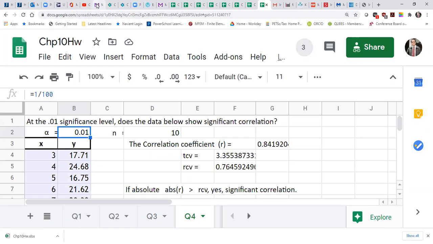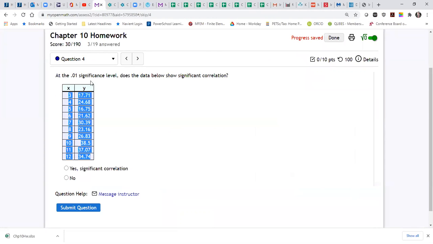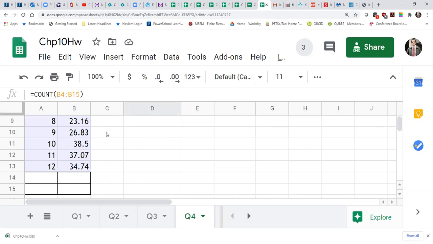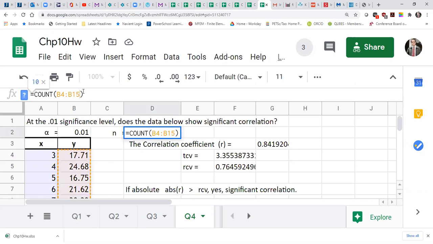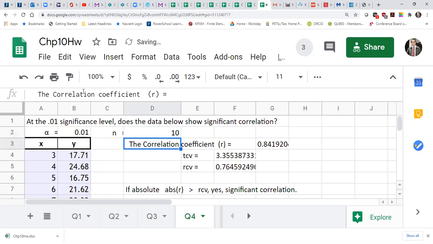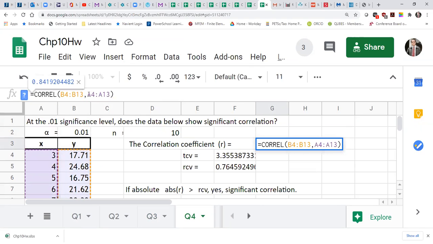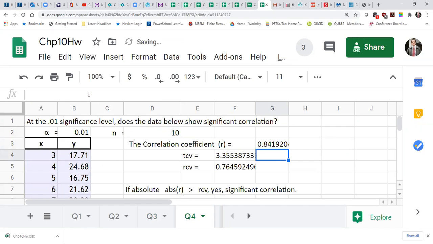The level of significance here is 0.01, right? So the same. And you need to change this to 13, V4 to V13, okay? So the number of data is 10. And this we need to change also to 13, because you have data from 4 to 13. I think this one is automatically calculated.